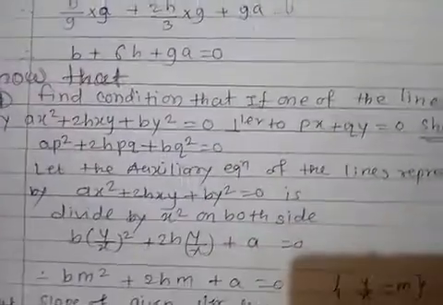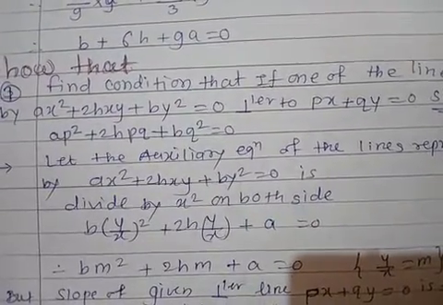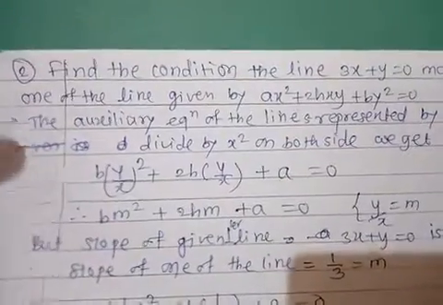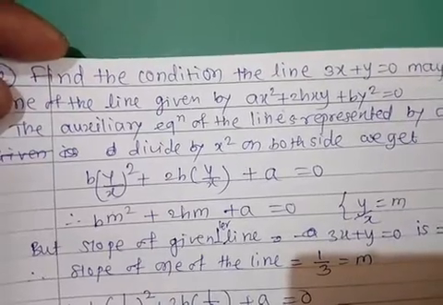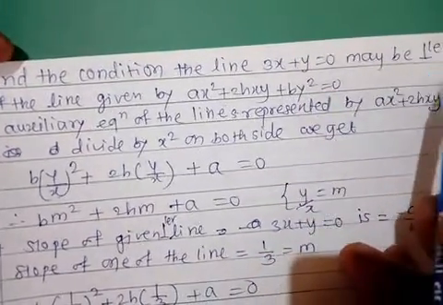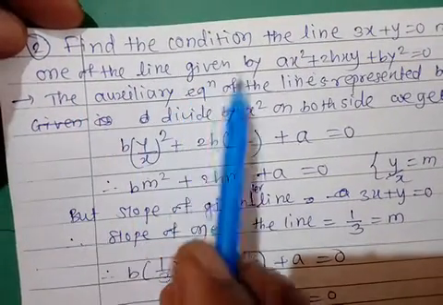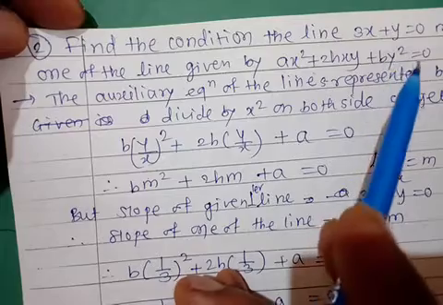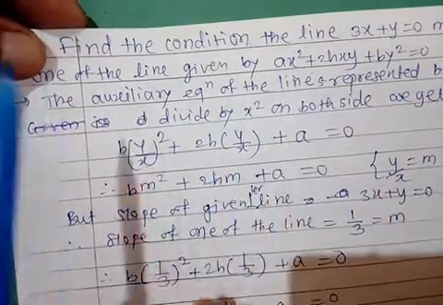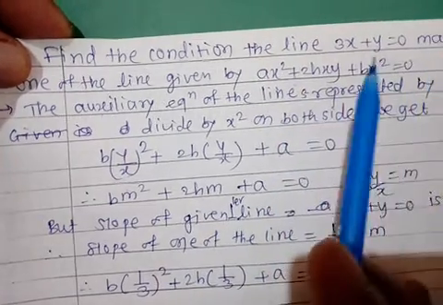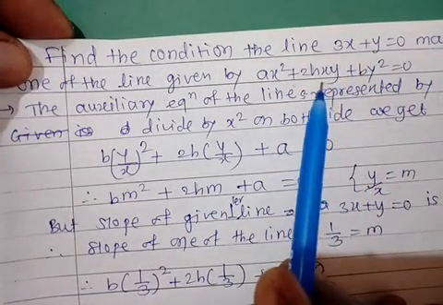The second question is like this: find the condition that the line 3x plus y equal to 0 may be perpendicular to one of the lines given by ax square plus twice hxy plus by square equal 0. In the previous example they gave only one line, but here this line is perpendicular to one of the lines.